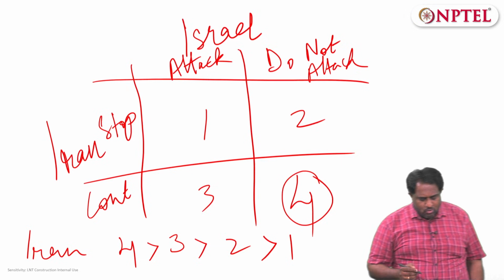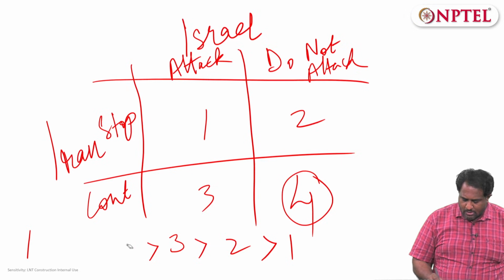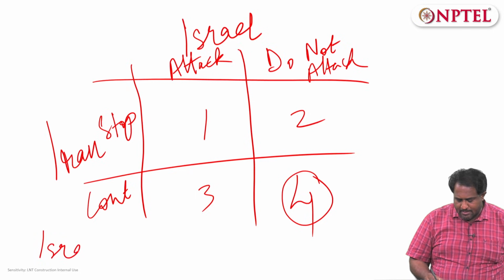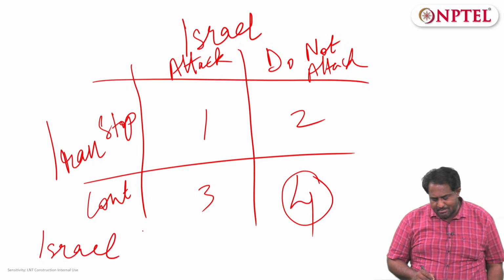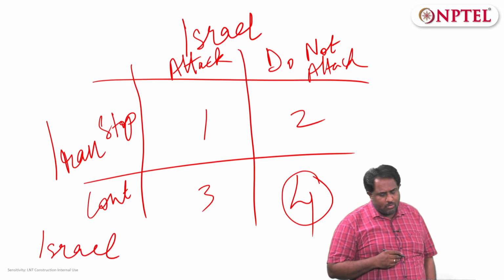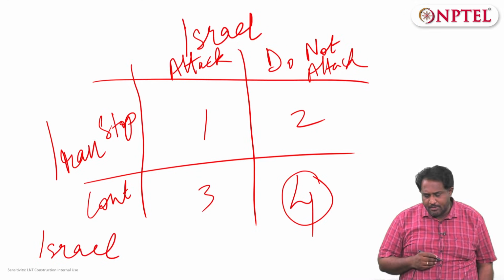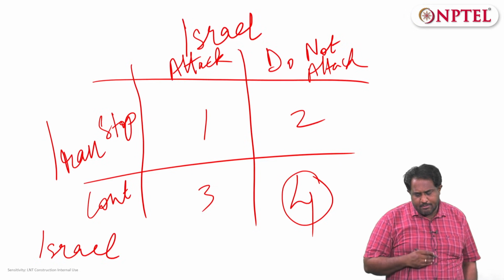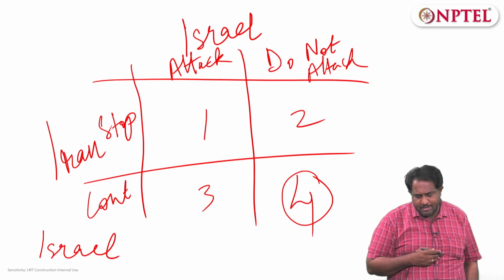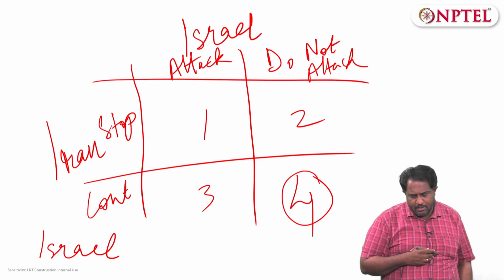If I were to keep Israel's preference rankings in place, what would Israel prefer? If I were to open it up for discussion, what would Israel prefer in this particular scenario?